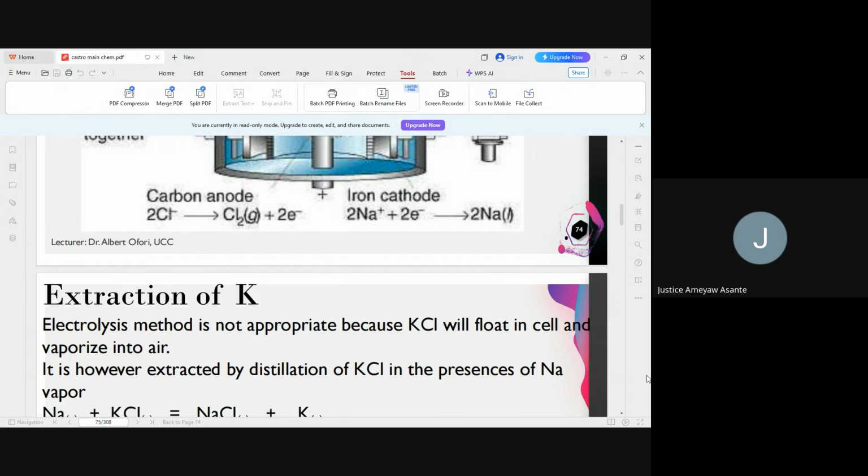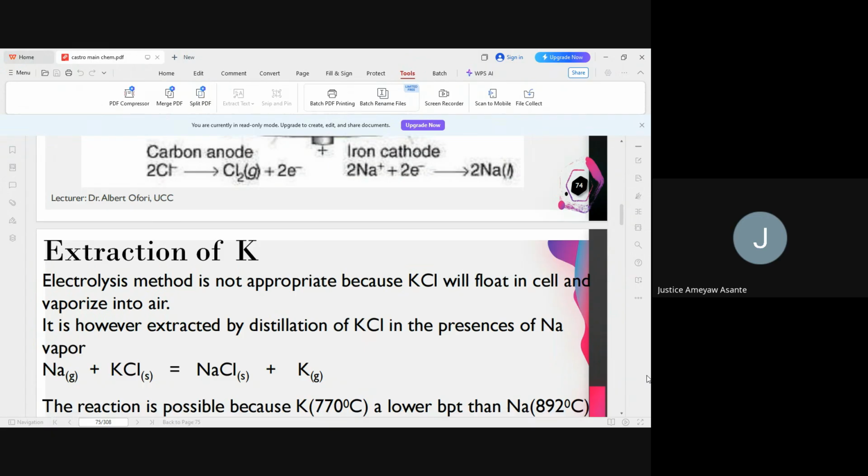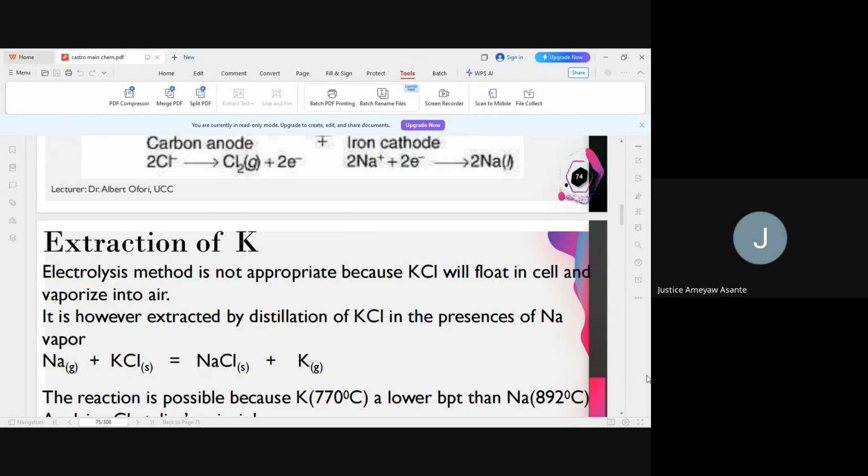Now, the same procedure that is used to obtain sodium could also be used to obtain potassium, if you have a potassium salt like potassium chloride.